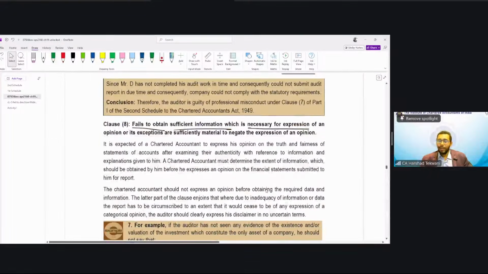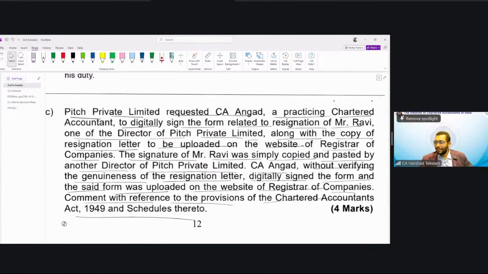Now we are talking about expression of opinion. If there is any opinion being issued, and if he failed to obtain sufficient information necessary for expression of opinion. In our given question, is there any opinion issued?